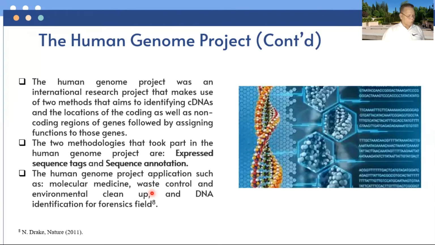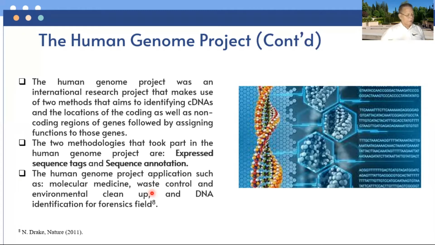The Human Genome Project was an international research project that makes use of two methods that aim at identifying cDNA and the location of the coding as well as non-coding region of gene, followed by assigning a function to those genes. There are two methodologies that took part in the Human Genome Project: expressed sequence tag and sequence annotation.